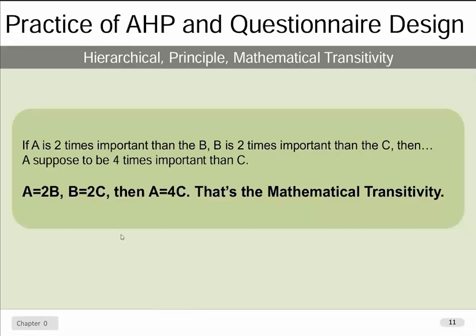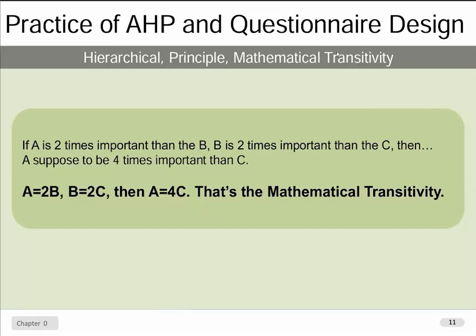Okay, so final things. For the questionnaire part, there are important things you have to remember, especially tell your respondents about these. Inside the AHP questionnaire, you have to remember the mathematical sensitivity.